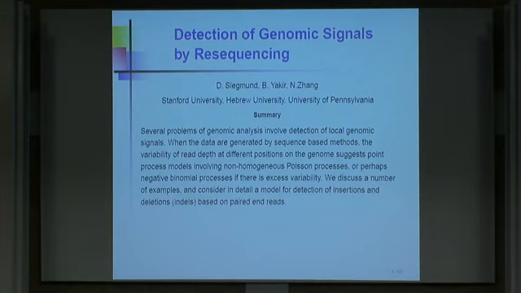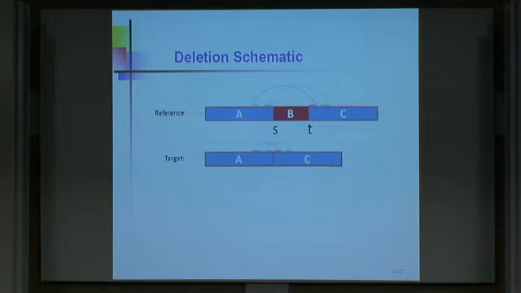There are a number of other problems that have roughly the same flavor, and so I'll mention a few of those as we go along. But let's move to this deletion schematic. So here's our standard genome, and here's a target that we would like to study, and we study it by so-called paired end reads.